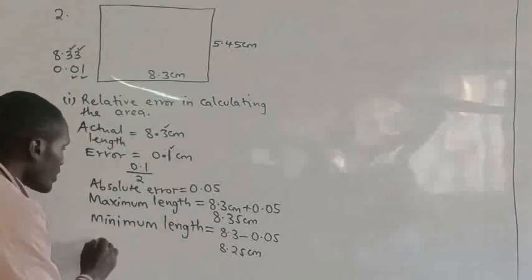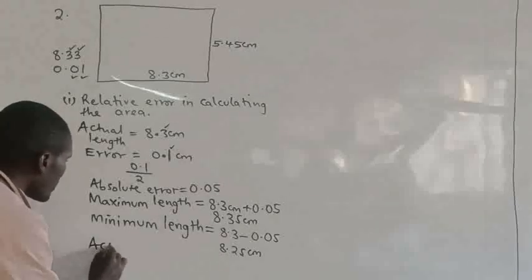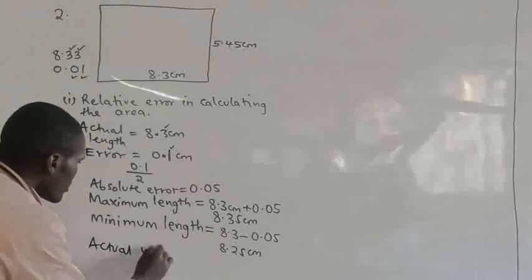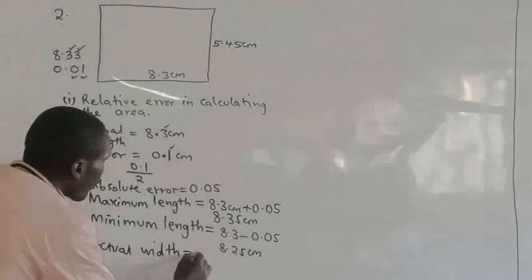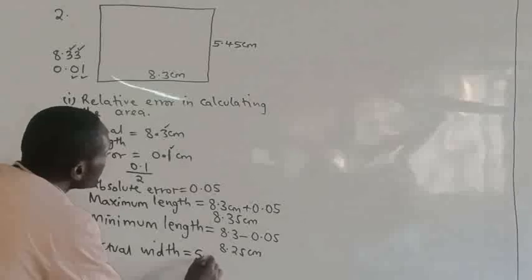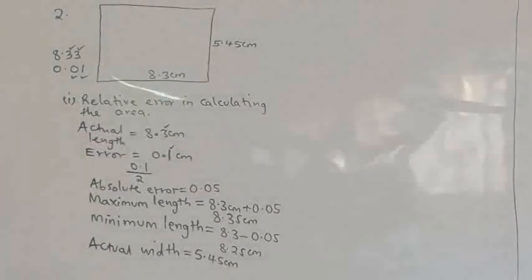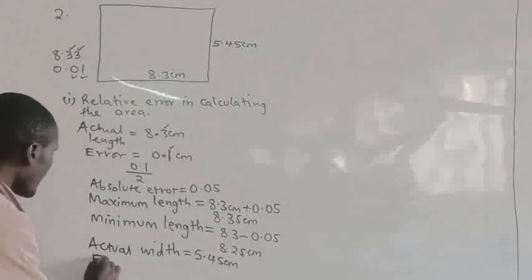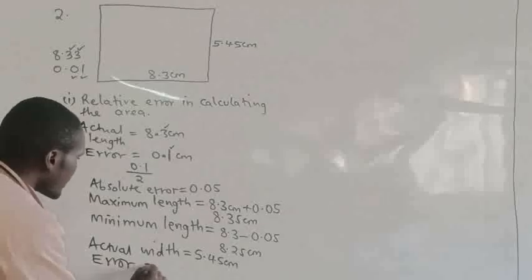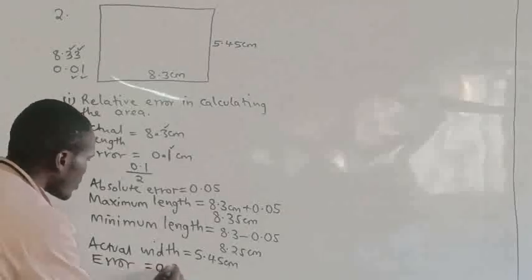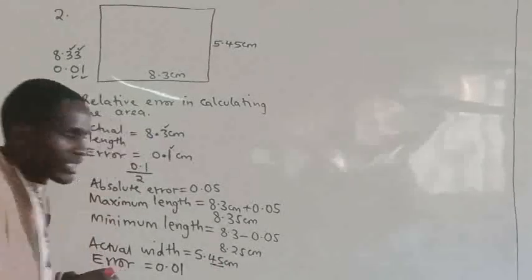Now, let's go to something else called the actual width. The actual width is 5.45 centimeters. But now we can decide to make an error also in measuring that width, and that error can translate into 0.01. Why? The width we have here is given to 2 decimal places.